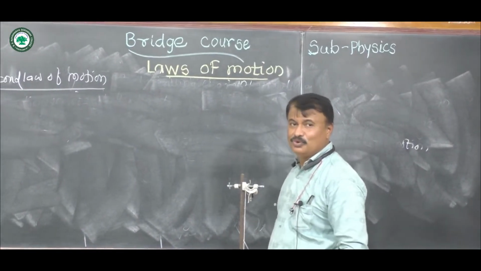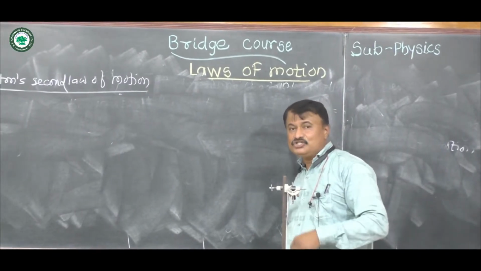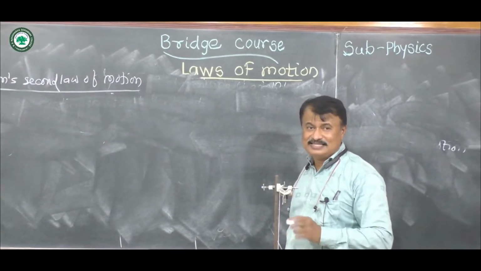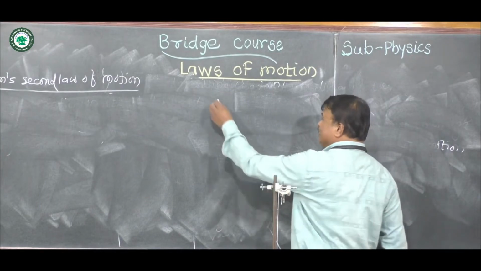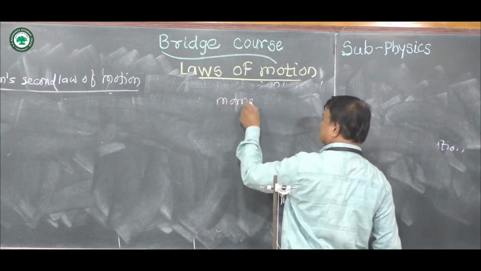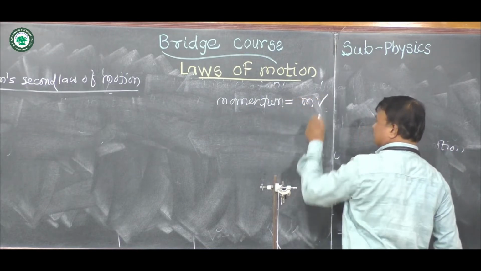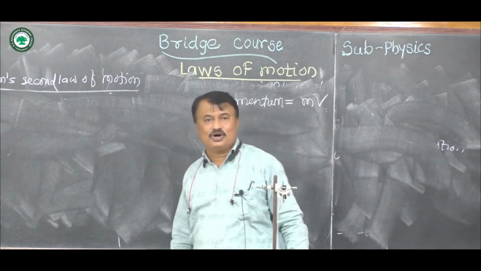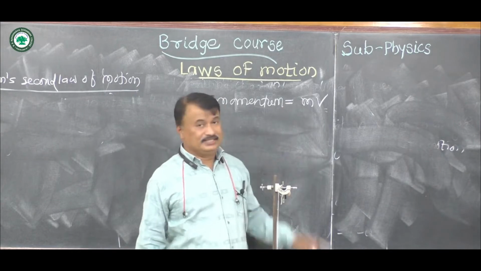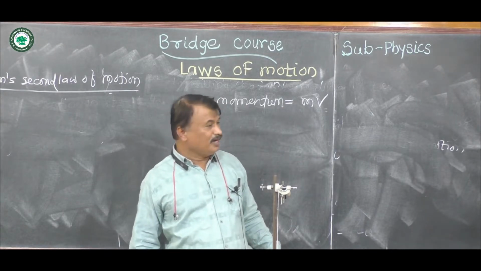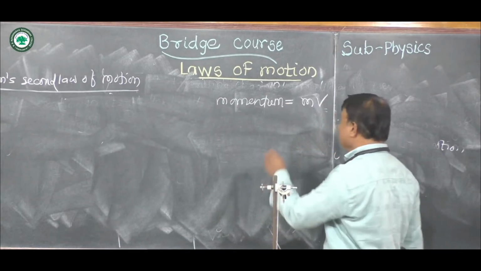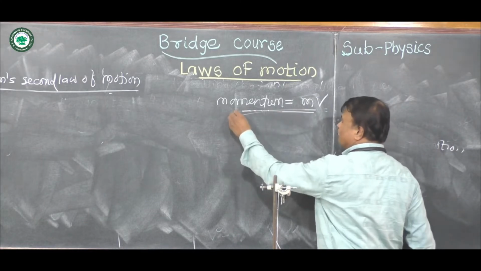When a body of mass m moves with velocity v, its momentum is given by m into v, where m is the mass of the body and v is the velocity. According to this formula, we can define momentum.